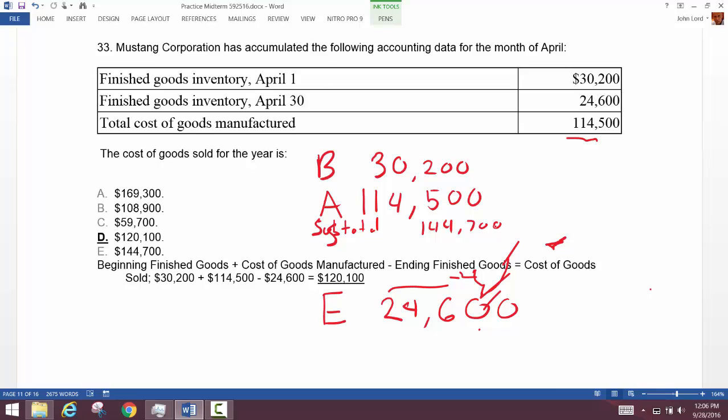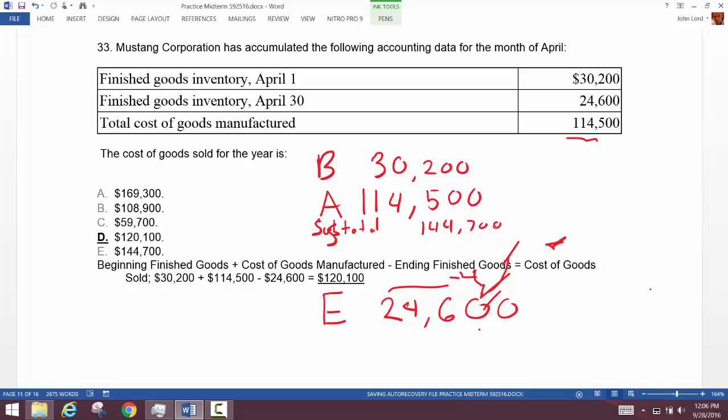That was our manufacturing cost, the cost of goods manufactured. That's the adds, right? The amounts that went out of my work in progress and into my finished goods. And then I subtract out my cost of goods sold. So how do I get from 144,700 down to 24,600? I must have had to subtract it out, right?